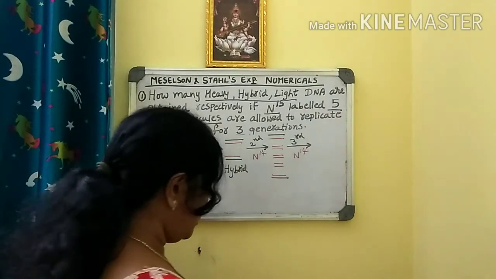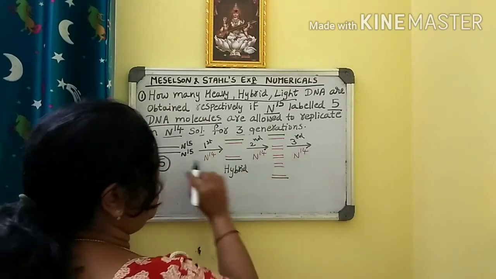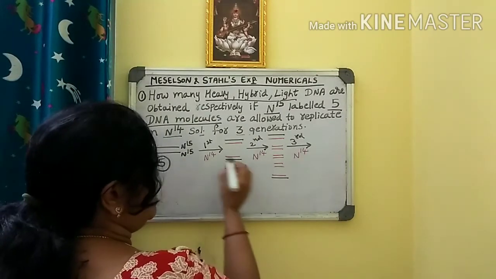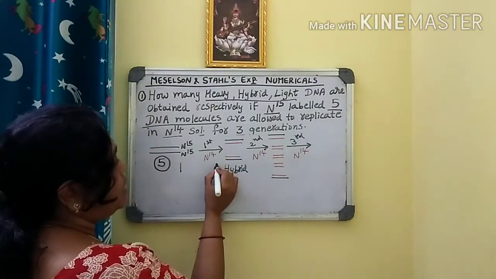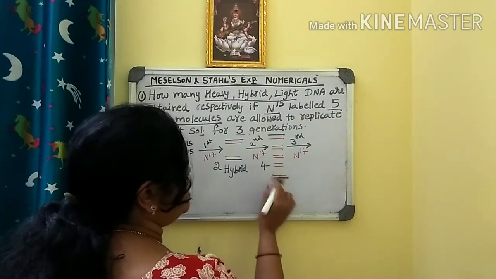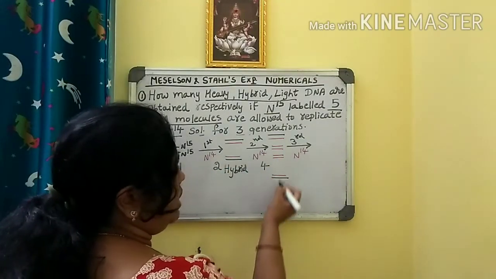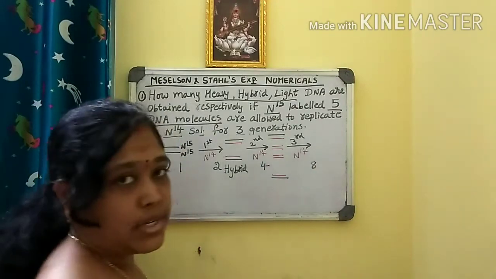And similarly here, if you take one DNA first, we will see for one DNA. 1 will get doubled, so it becomes 2, and this forms into 4, and this forms into 8.